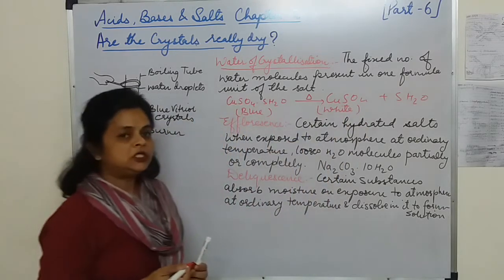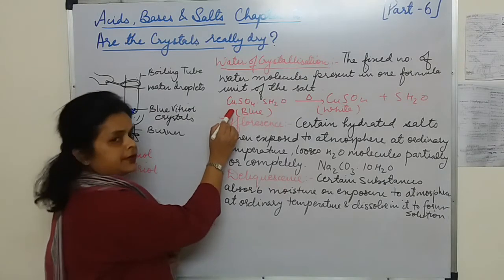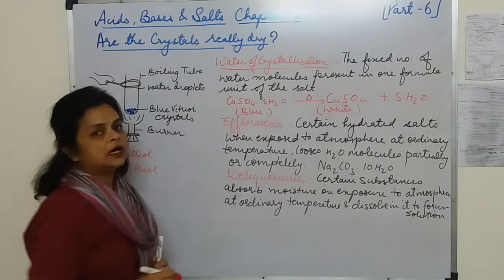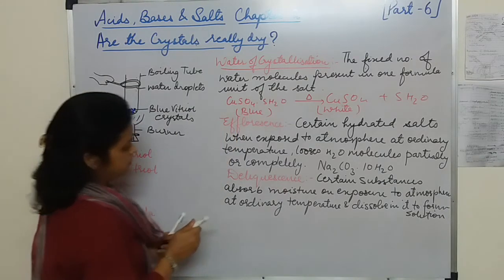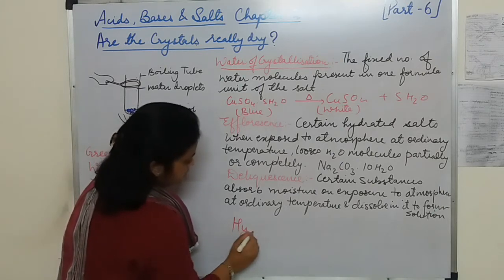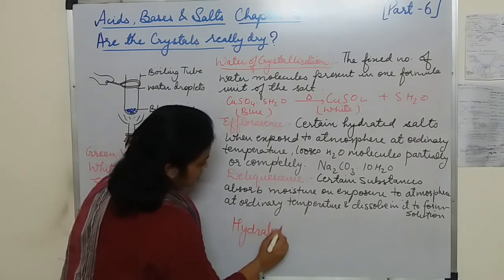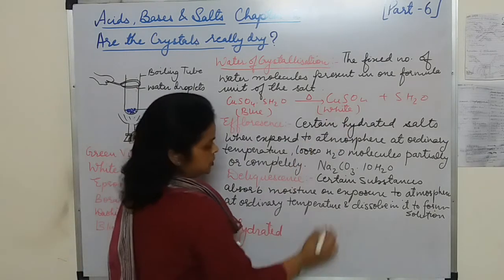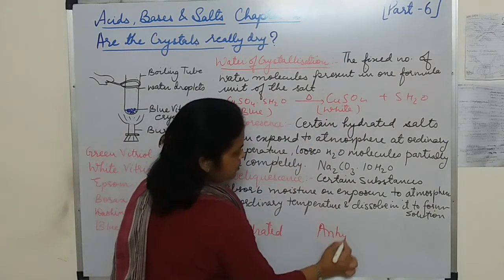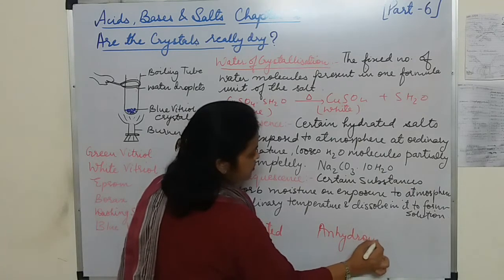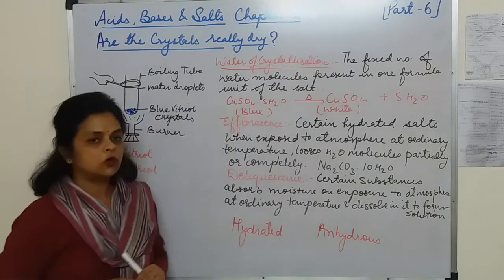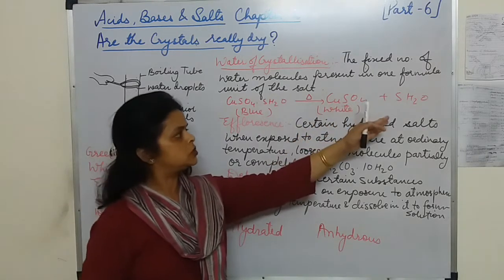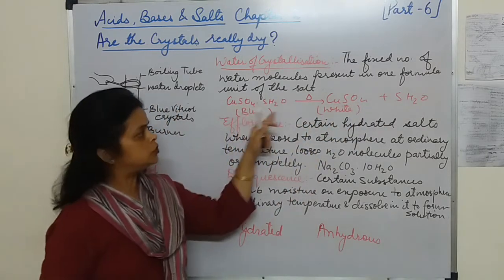One term we will be using is hydrated salt, HYDRATED. And when it loses water molecules, it forms the anhydrous salt. So a hydrated salt on heating forms the anhydrous salt, and the color changes from blue to white.